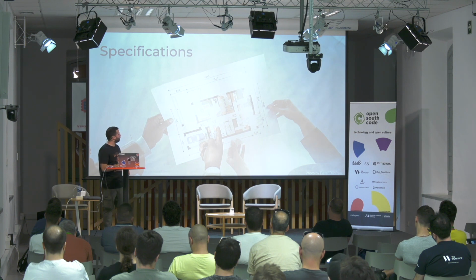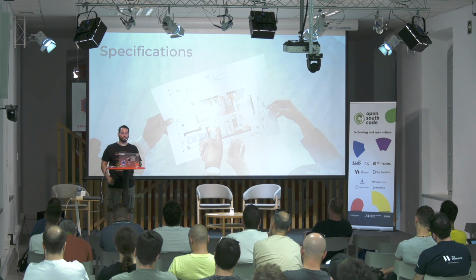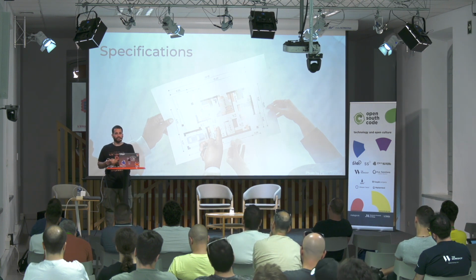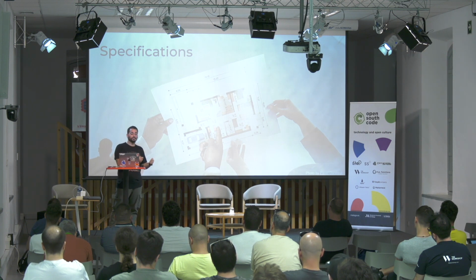The first thing that OpenTelemetry provides is the specifications. The specifications are the definitions of what the telemetry data looks like. For example, what is a span, what is a trace, and what a metric looks like. It means it's the standard of the telemetry data in the open source world.